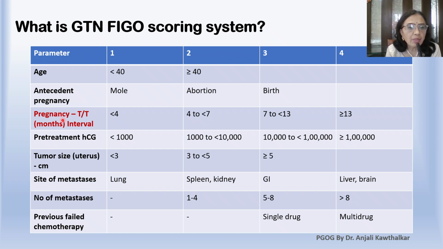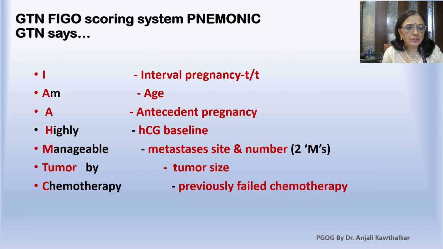Then pre-treatment HCG, size of tumor including the size of uterus in centimeters, site of metastasis, number of metastasis, and previous failed chemotherapy, whether it was a single drug chemotherapy with a failure or whether it was a multi-drug chemotherapy with a failure. So 1, 2, 3, 4 is the score which is given.